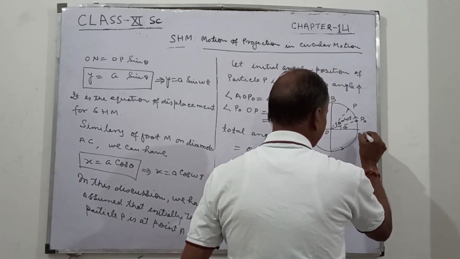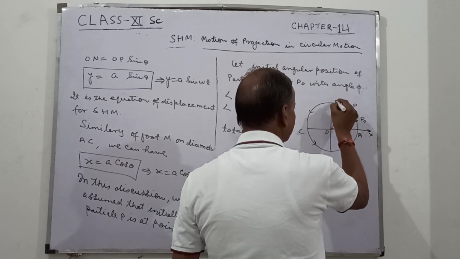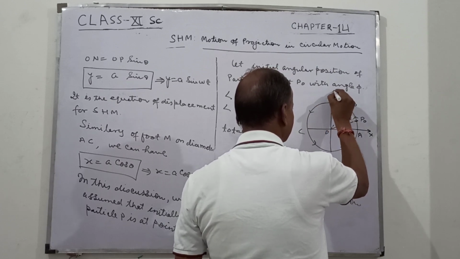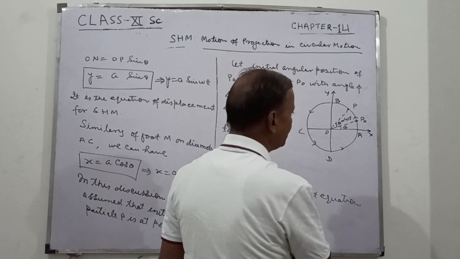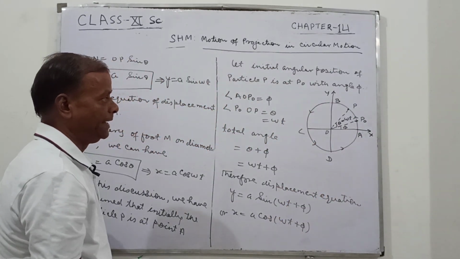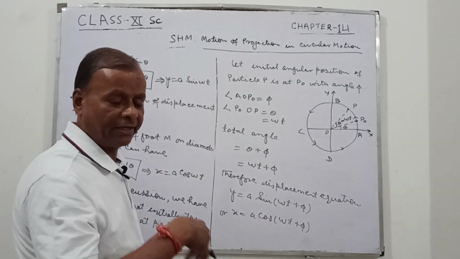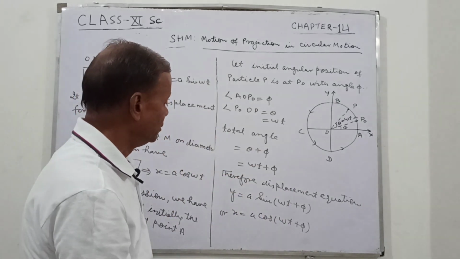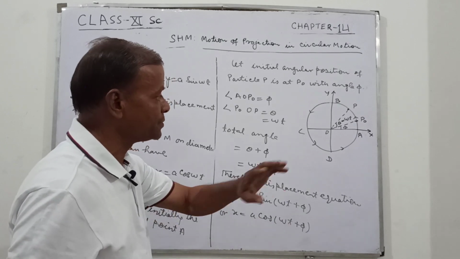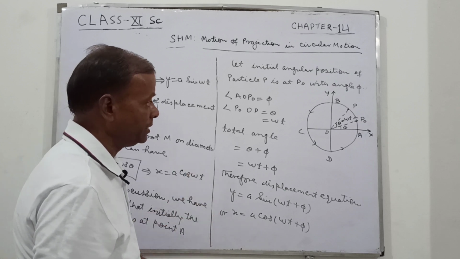This is point A, this is direction x, this is point B, this is direction y. The angle is always taken from x because it is moving anti-clockwise, and if it is moving clockwise, we will have the same equations, with a difference of minus only.